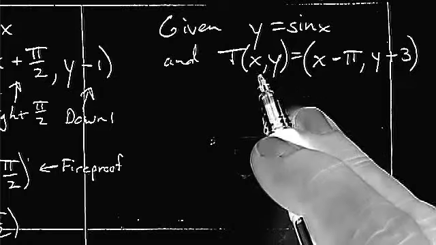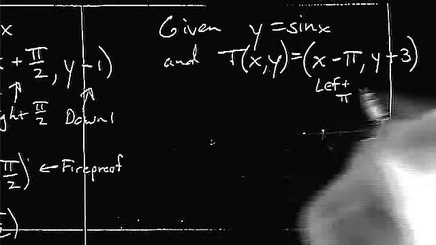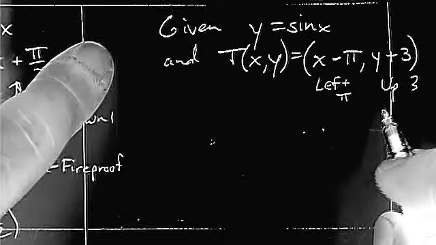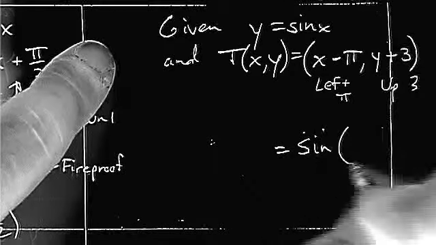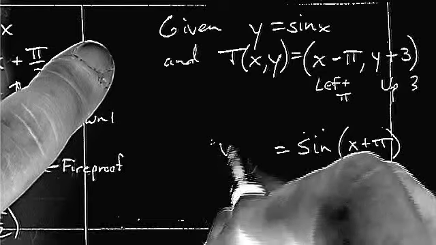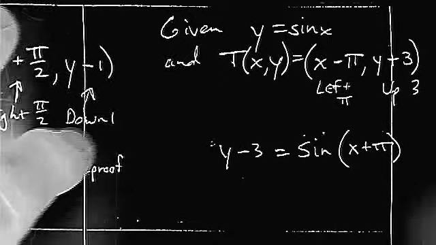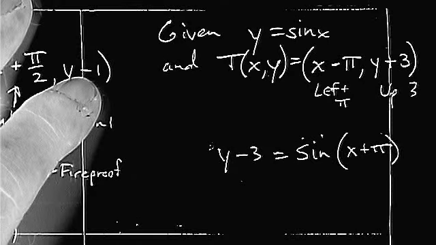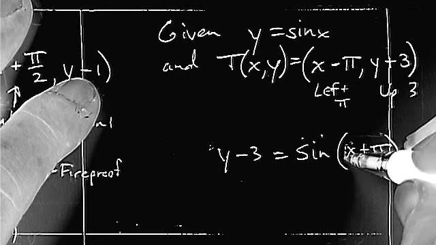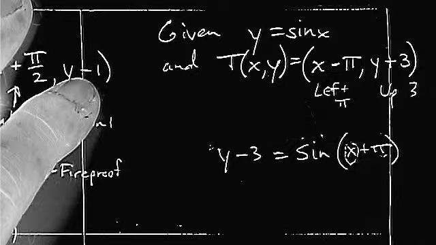For a basic sine wave, we're going to take this translation function which says left pi and up 3, and we're going to make that equation say that. So sine, and we put in here x plus pi, and we put in here y minus 3. Might I remind you, if you haven't seen other videos that I've done on scale changes and translations, that we're already substituting with the opposite, because the rule really tells me what I would replace x with in order to get rid of pi and get back to the original x.